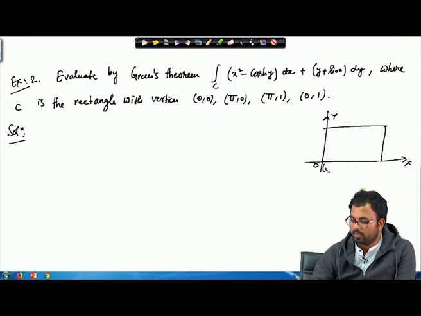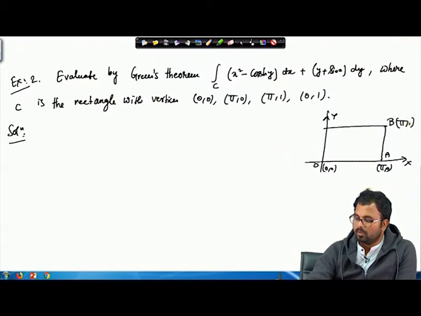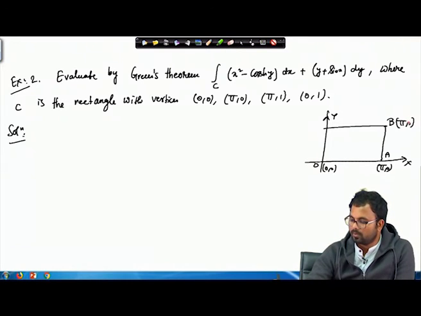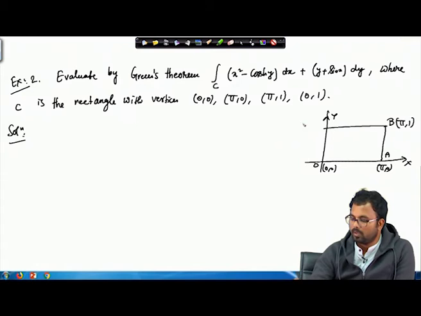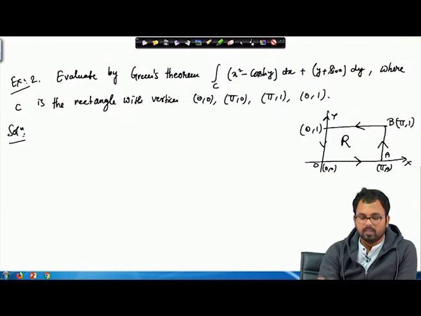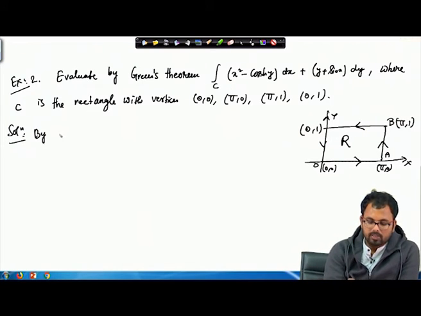We have vertices 0 0, pi 0, which is say A, then B is pi 1, and then this one is 0 1. All right. So, this is our region R, and this is the curve C along which we have to calculate this line integral. So, by Green's theorem we know that.